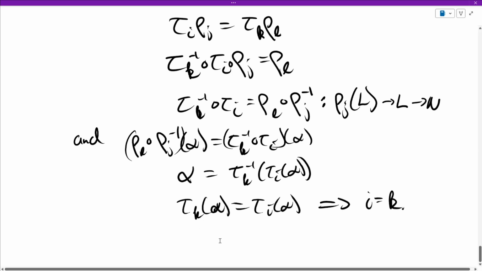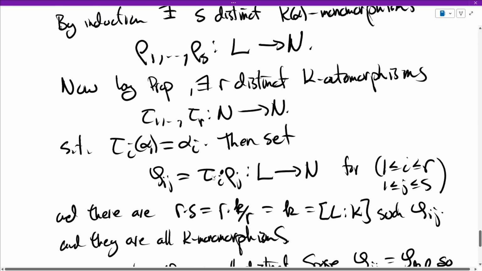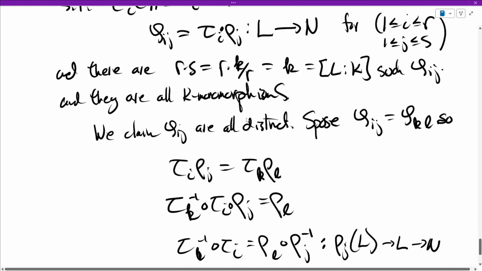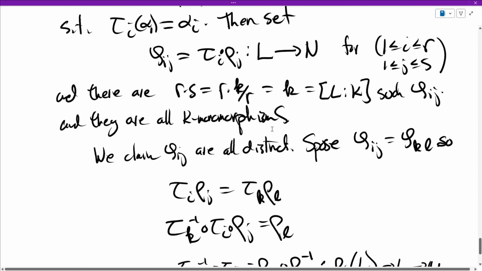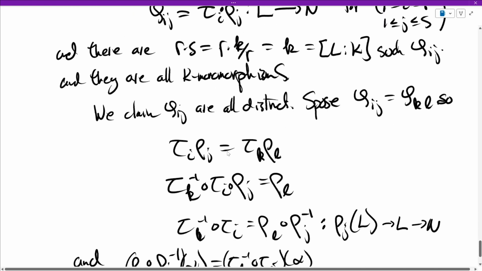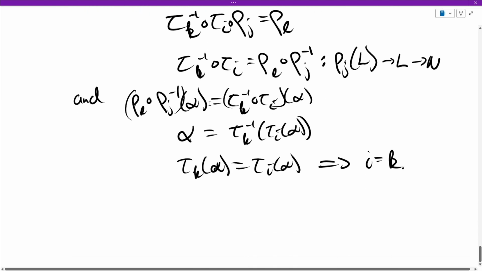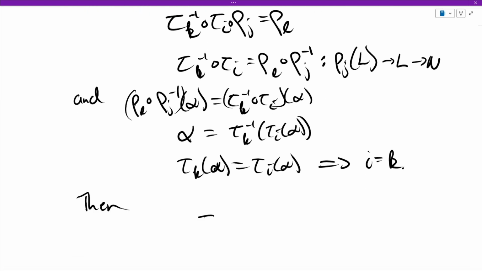All right, great. Now what? Well, our rhos are K adjoin alpha monomorphisms here. Great. And we know the taus are the same. So let's go back up here. Yeah, the taus are the same. Both of the taus have to be equal. So we can take this equation, tau I rho j equals, instead of writing a tau k, I get to write a tau I rho l.